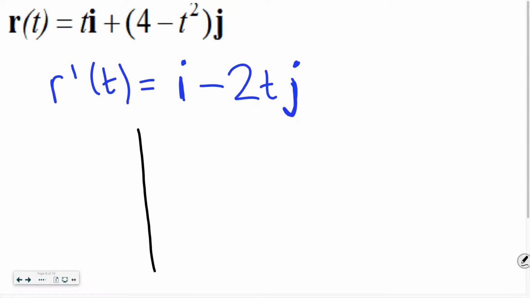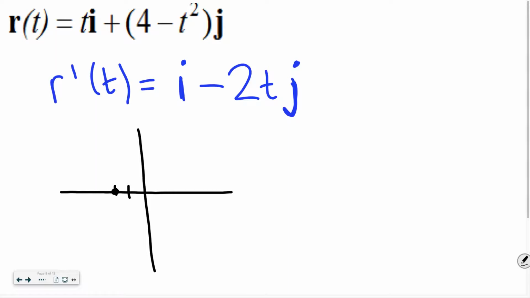So first of all, let's go ahead and look at what the graph looks like. I'm going to look at r first. This is going to have a domain of all real numbers. So I'm just going to strategically pick some values. What about if t was -2? It'd be -2, 0.